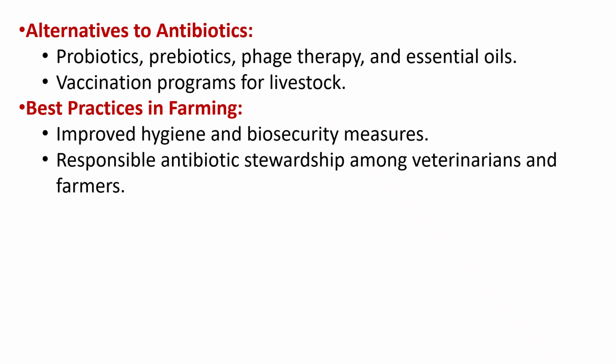This can improve hygiene and biosecurity, and along with responsible stewardship of antibiotics by farmers and veterinarians, it ensures antibiotics remain effective for our future. So, combating AMR in agriculture requires global regulations, innovative alternatives, and everyday best practices at the farm level.